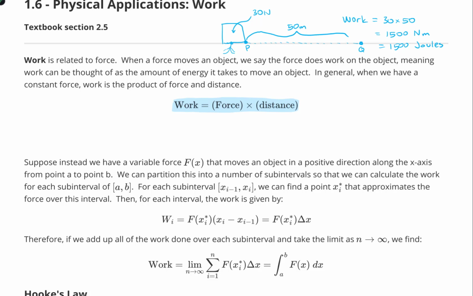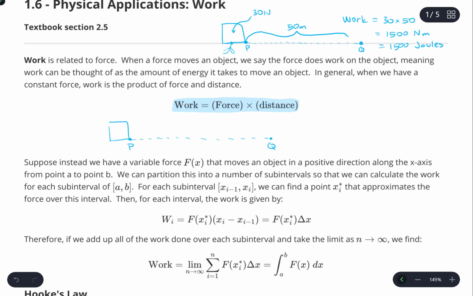So for instance, we have our starting point and our ending point, and we're going to move the box through this distance. Of course our box is leaking water the whole time, so the level of the water decreases and the weight of it decreases as well. So what we can do is take a look at what the box weighs initially.